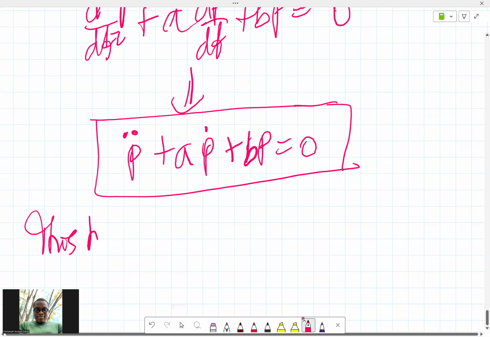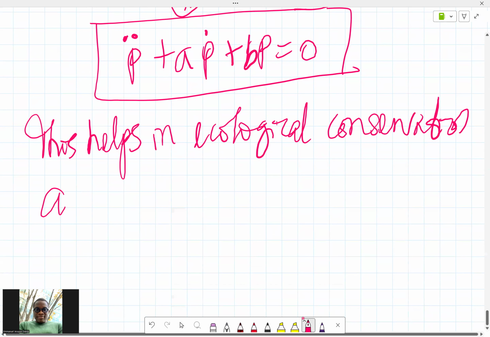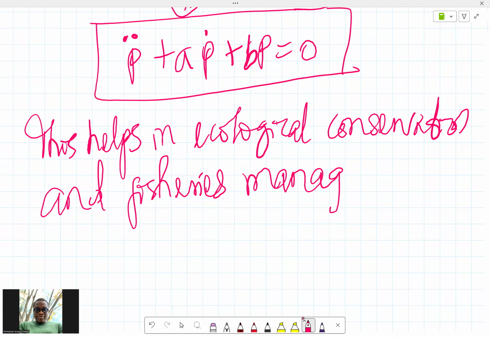This helps in ecological conservation and fisheries management. So these are some examples.